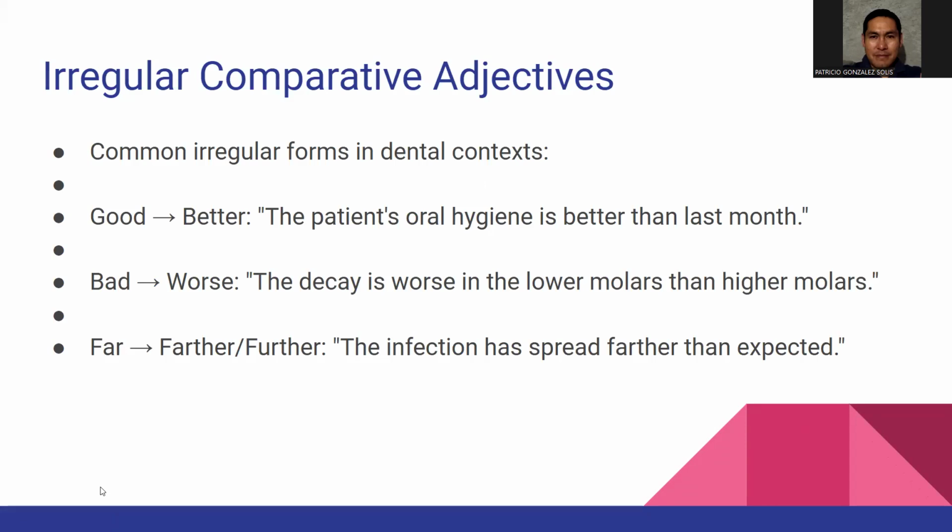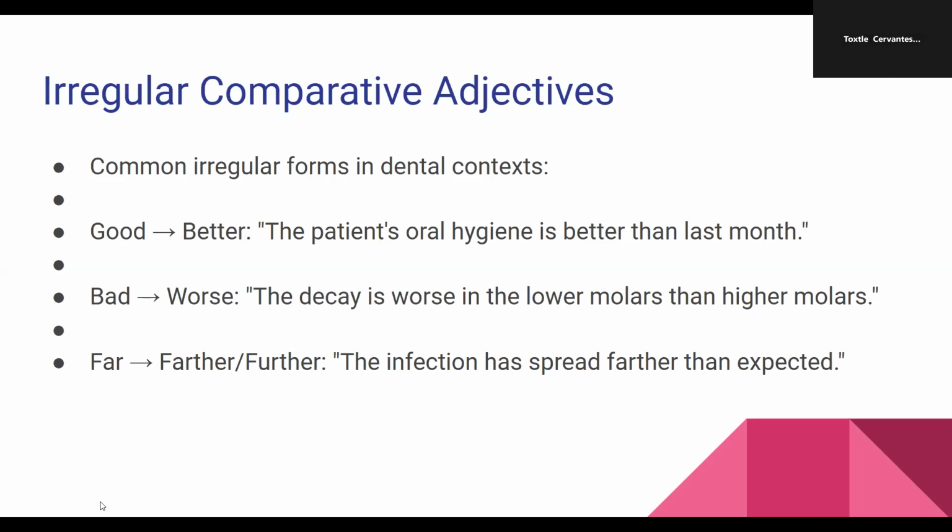Maybe Catherine, can you read these examples? Yes, teacher. Irregular comparative adjectives. Common irregular forms in dental context. Good is better: the patient's oral hygiene is better than last month. But worse: the decay is worse in the lower molars than higher molars. And further: the infection has spread farther than expected.